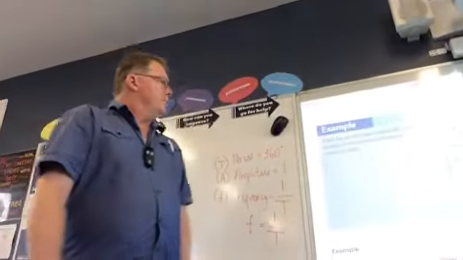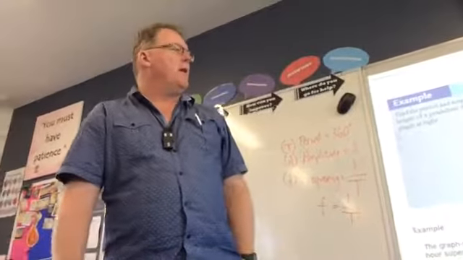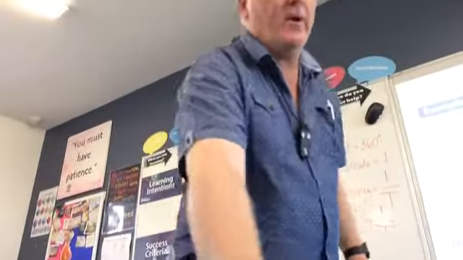There's some definitions. So let's have a look at this example. On that graph there, I'd like you to write down the following: what's the frequency, what's the period, where's the mean position, and what's the amplitude.